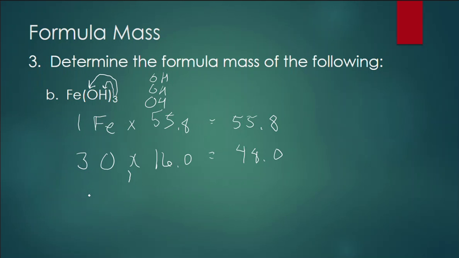All right, so Canaan, how many hydrogens? 3 hydrogens at a price of 3 times 1.0, 3.0. All right, Christiane, what is your answer once you have 55.8, 48.0, and 3.0?